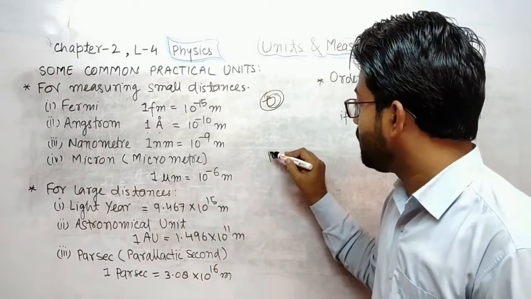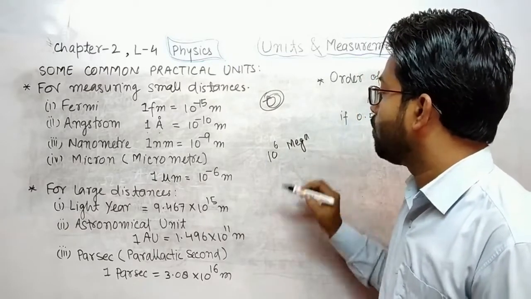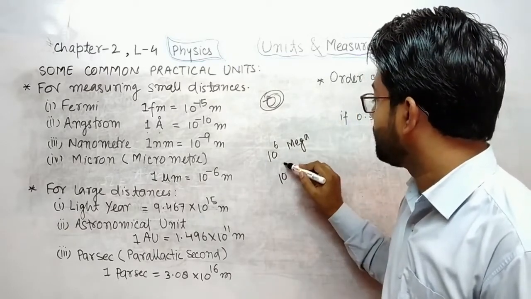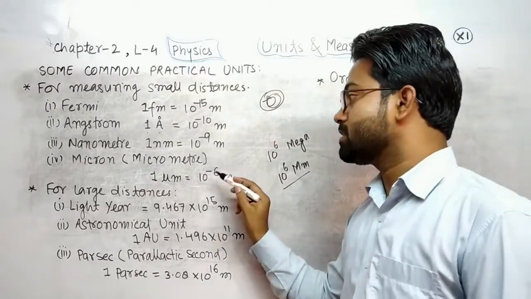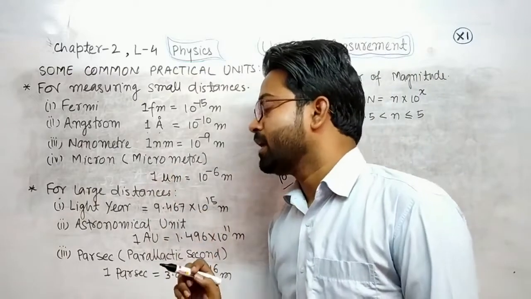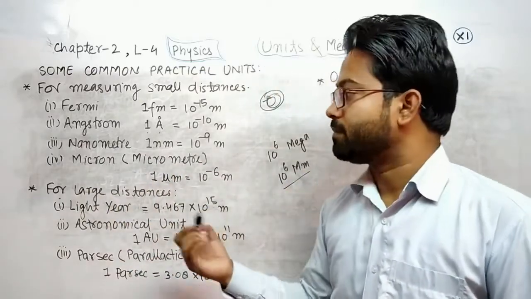If there is a 10 to the power 6, that will be mega, 1 megameter. And micrometer is used to measure the thickness of a paper sheet, etc.